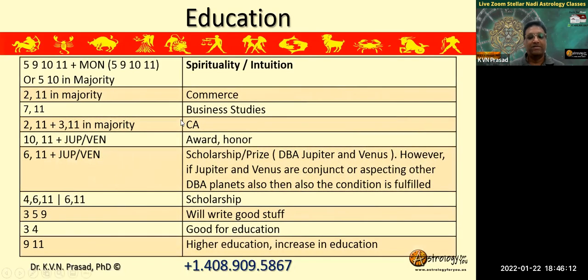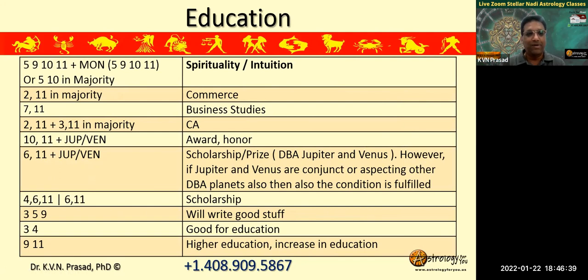And then say if somebody will be studying in commerce, right? So that means it is 211. 211 in majority is commerce. 711 is business. Again, that also, you can say commerce, but nowadays there are so many fields, right? It's very hard. Like if you see in US, in business school, there are 20 courses.